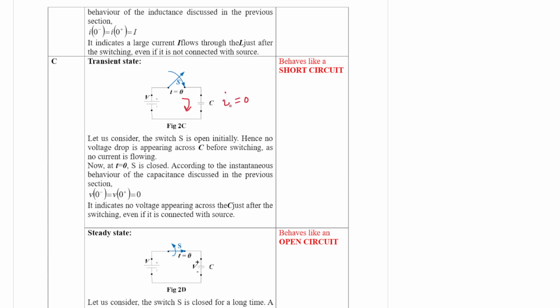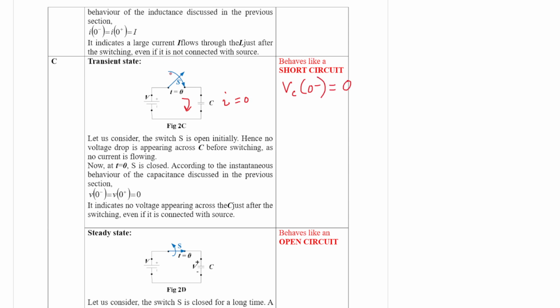If no current is flowing, the capacitor cannot develop voltage across its plates. So due to that fact, we can write Vc 0 minus, that means just before the switching, will be 0.